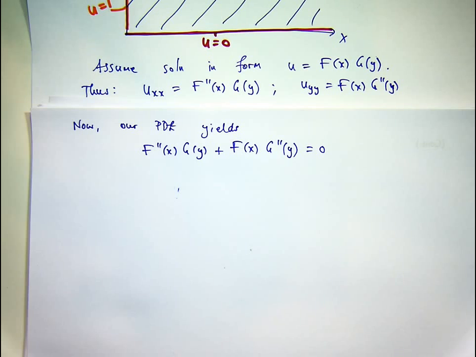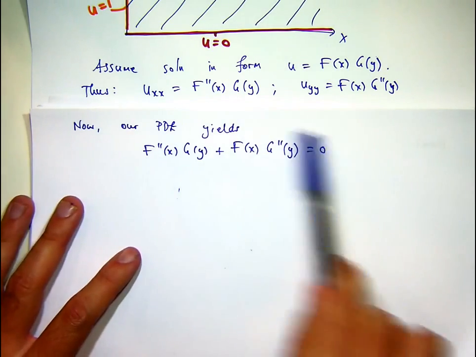Now, as the name separation of variables suggests, what we try to do is separate the variables, the independent variables, right? The x's and the y's. Okay? Once we have that, we know that basically the ratios involved must be constant, equal to some separation constant. Once we introduce that, we get two ODEs.